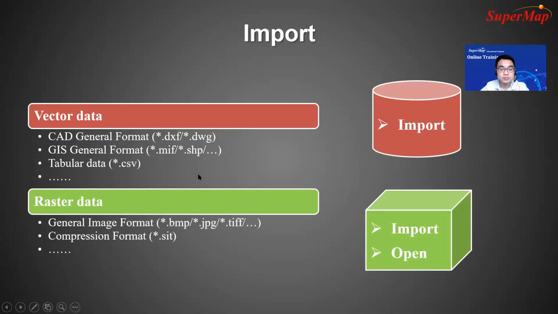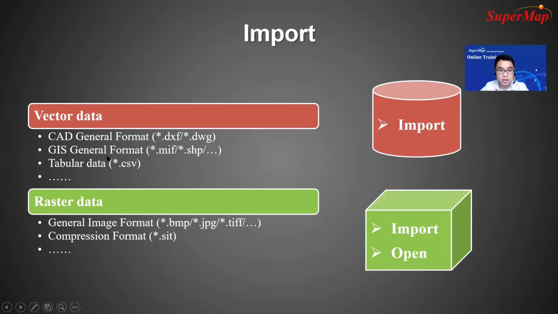And here, sometimes we can build our own data, but sometimes we have to transfer the data from other formats. So here, we can also input some data from other platforms. We provide two ways, for the vector data and for the raster data.